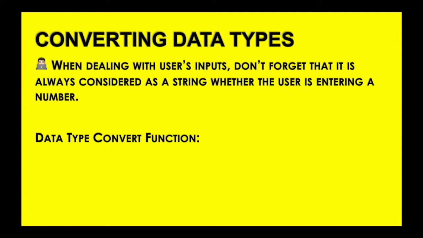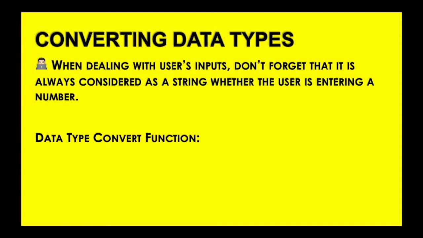For example, the user has an input of 3 and a second input of 5. If we wanted to print 3 plus 5, it will be an error because 3 and 5 are considered as strings and not as integer nor float. Therefore, we need to convert all those data types first.